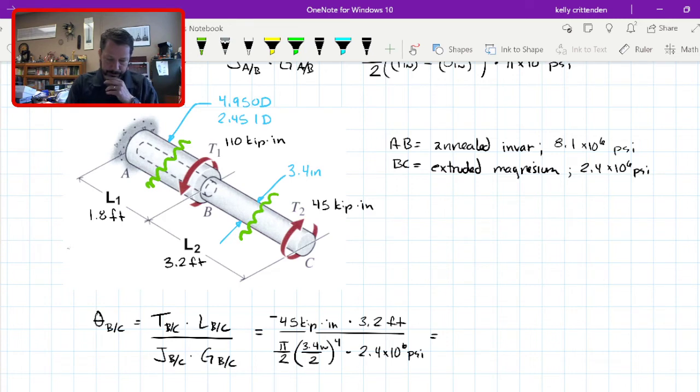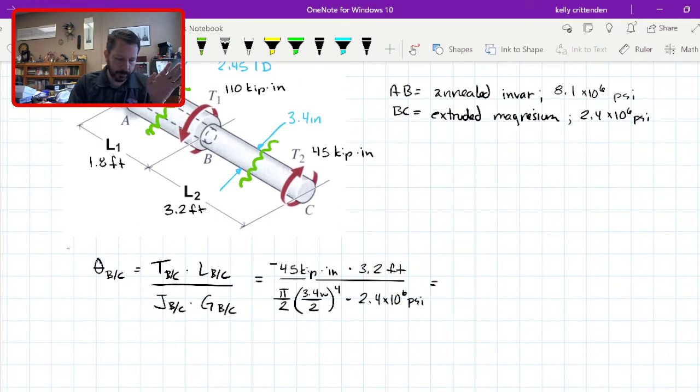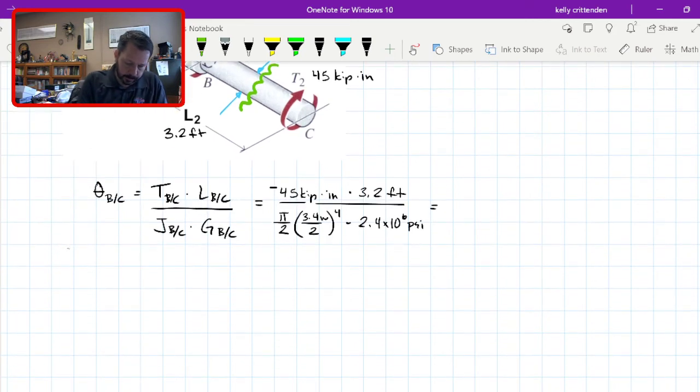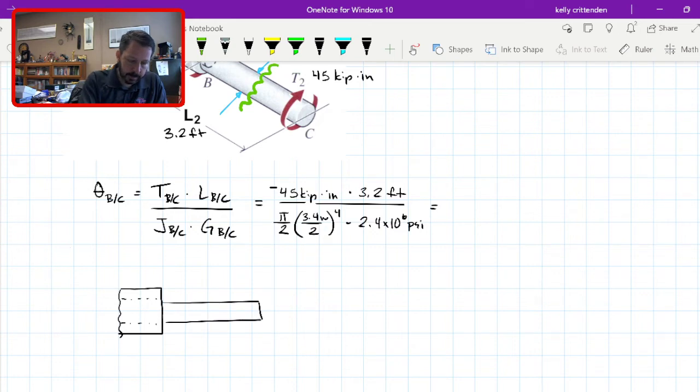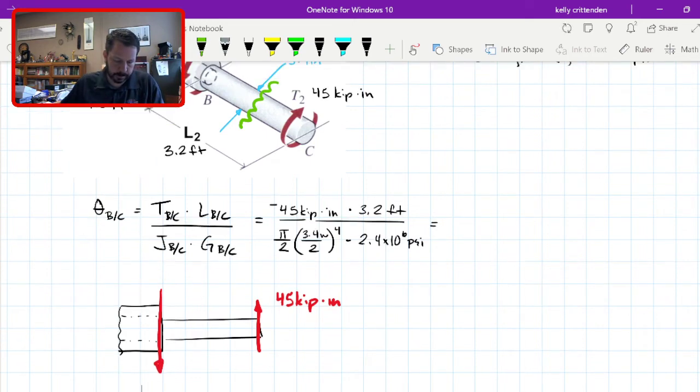All right, let's go back over here and figure out what we need to do for the other section. This other section, I will draw the free body diagram of it because it's a little bit different. You've got the larger hollow section. We cut it open there, and then we've got the solid section BC that we just did. So here I've got a torque of 45 kip inches, and here I've got a torque of 110, I think is what it was.